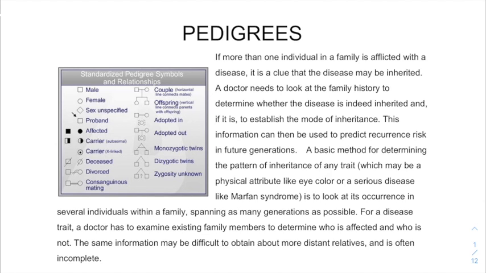There's a basic method for determining the pattern of inheritance of any trait. All these traits that we've been looking at so far, where we said, oh yeah, this is a dominant trait, this is a recessive trait, this is an epistatic trait, all of that came from essentially doing pedigrees. Something like 23andMe is doing this on a massive scale, right?